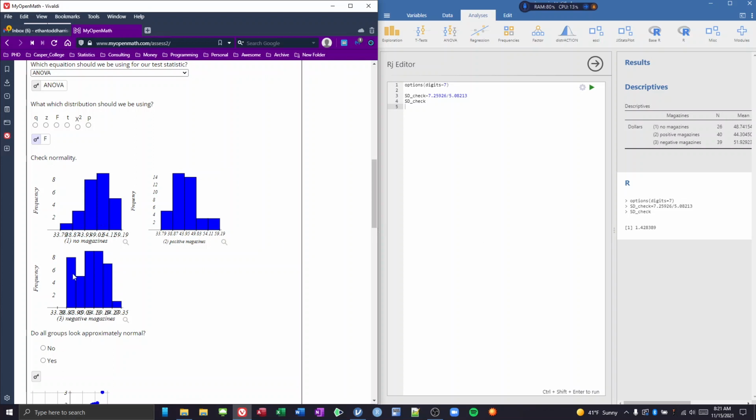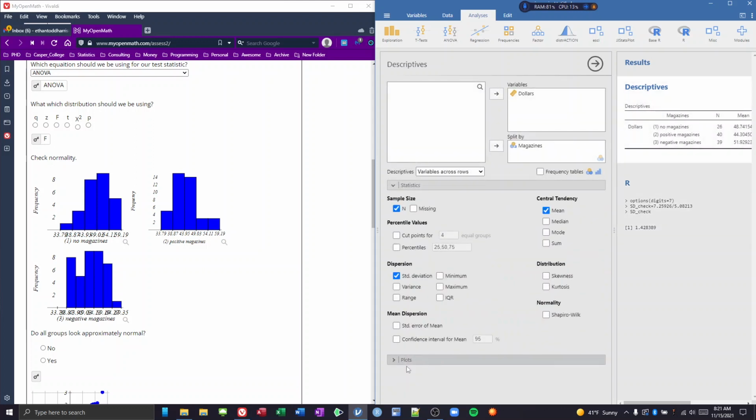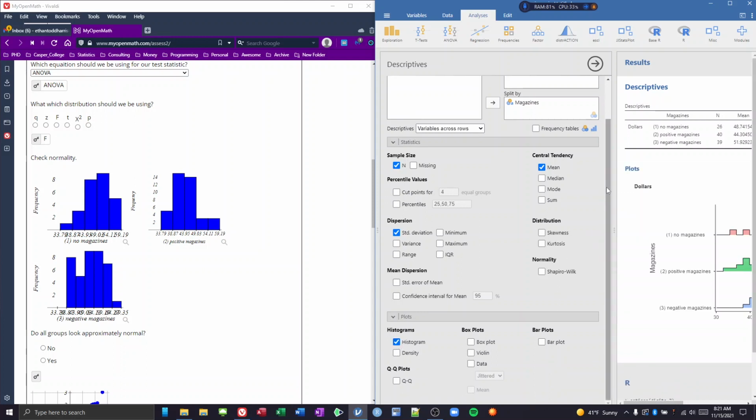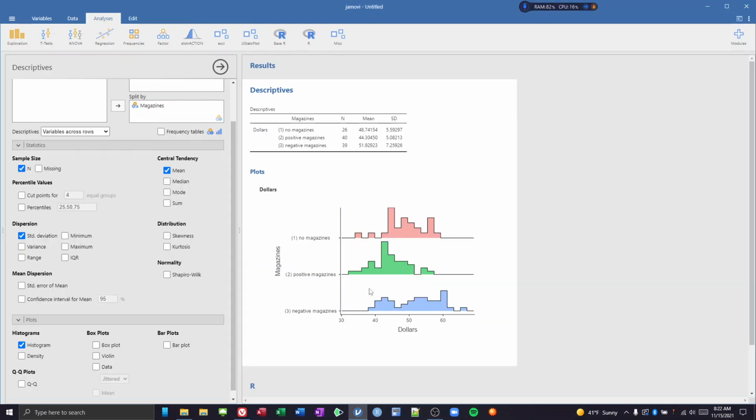So we have our data coming in here, and we can actually just look at it in here from MyOpenMath. Let's kind of take a dive in real quick. Let's go back to our descriptives, and we can come down onto our plots. And there's some things that we can grab. Let's go ahead and grab a histogram plot. So this is the different groups put together.